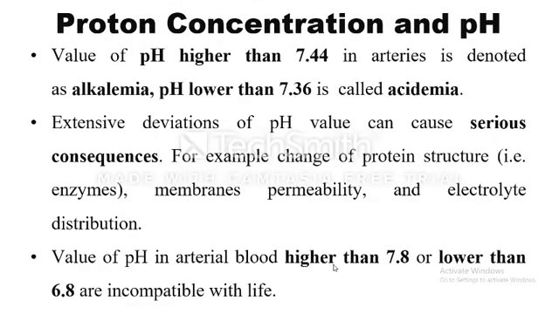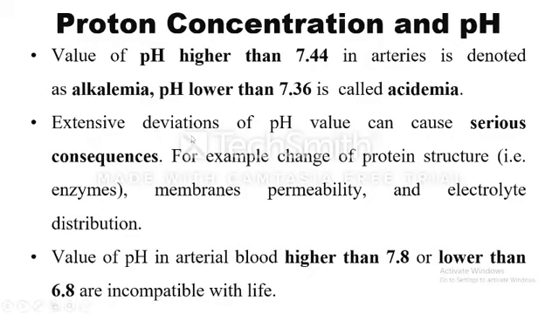A pH value higher than 7.44 in arterial blood is denoted as alkalemia. pH lower than 7.36 is called acidemia. So these are two different conditions that arise because of the increase or decrease in the physiological pH of the body fluid or the blood.